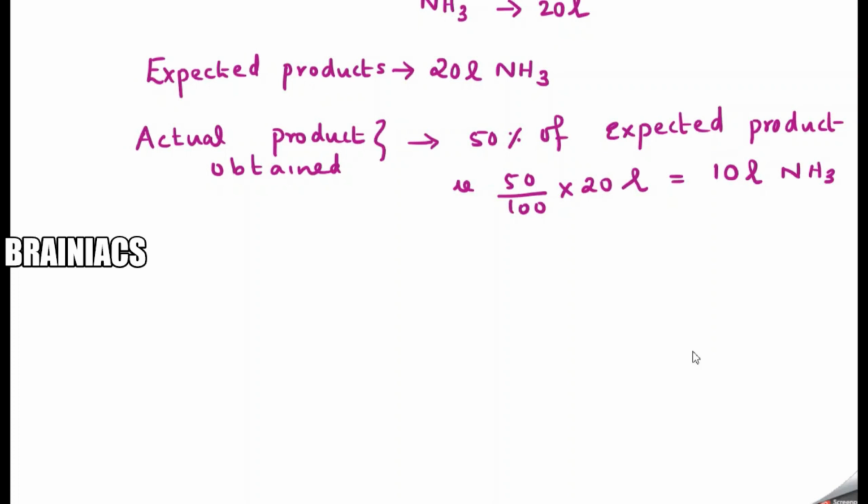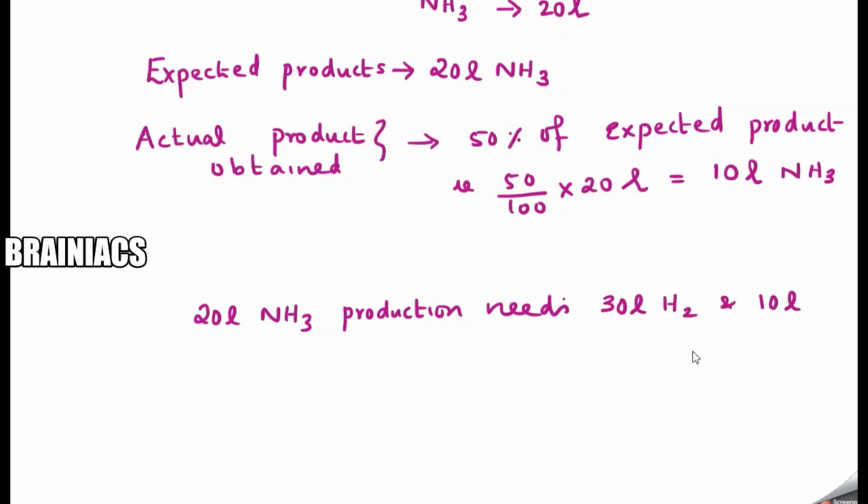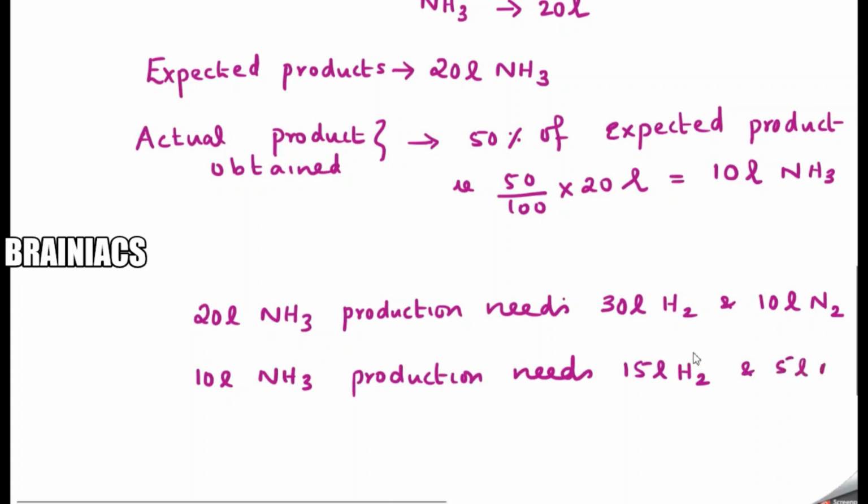We know that 20 liter ammonia production needs 30 liter dihydrogen and 10 liter dinitrogen. Now tell me, 10 liter ammonia means half of that. So 10 liter ammonia production needs how much? 15 liter of hydrogen and 5 liter of nitrogen.